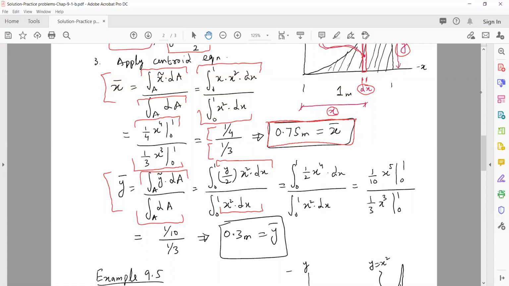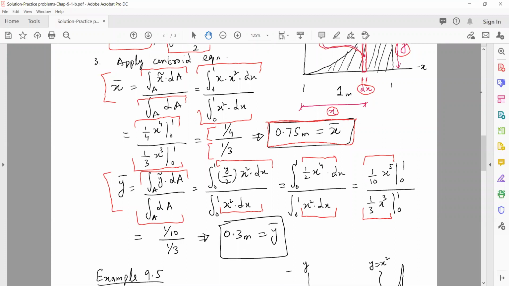All right, so I just simplify this, you get 1/2 times x to the 4 times dx. And in the denominator, we have x squared times dx, the same value. Now just apply the integrals, we get 1 by 10 times x to the 5. Denominator, we have 1 by 3 times x cubed, right?